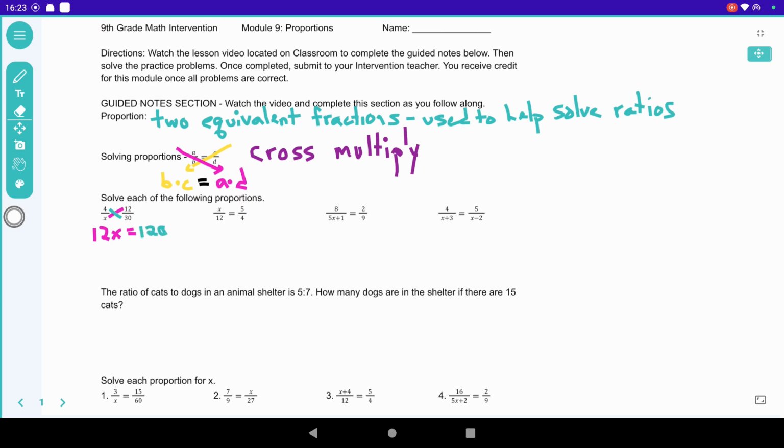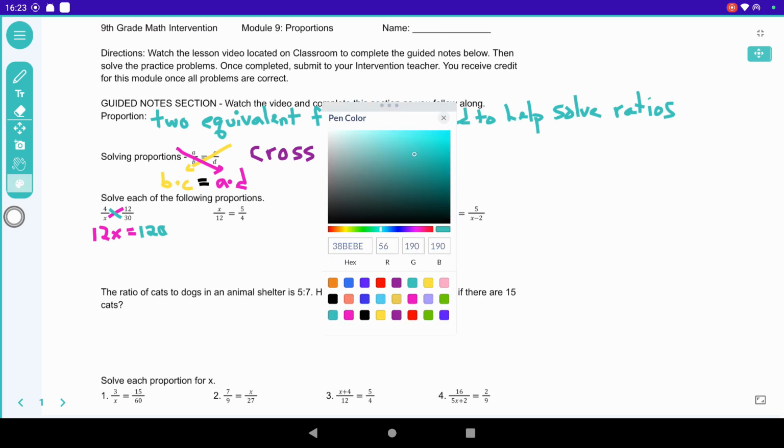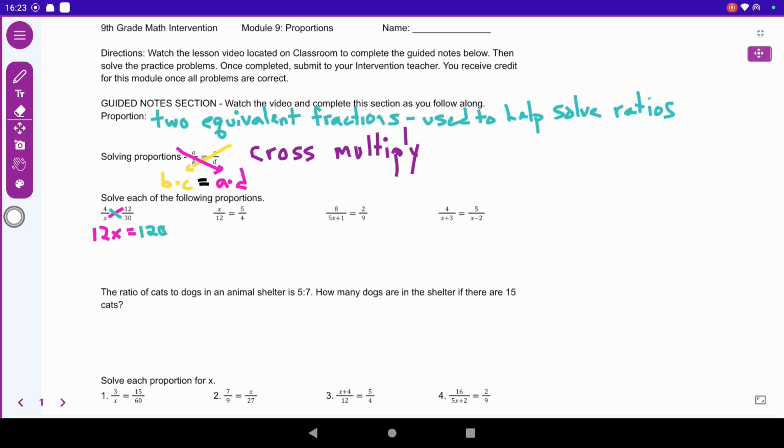And now we're going to solve this equation like we solved equations in 8th grade in previous modules. We're going to divide by 12. 120 divided by 12 is 10. So when x is 10, so 4 over 10 is the same as 12 over 30. They are equivalent fractions.